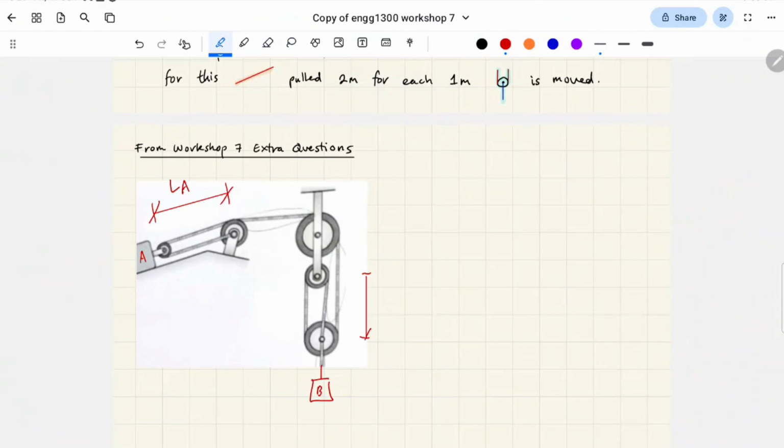Same with between here and here. That part will move, but this part will stay the same. And even this distance from here to here will stay the same, right? Yeah, so it's just like thinking about the distance of the pulleys from each other, right? That's one thing you want to do.